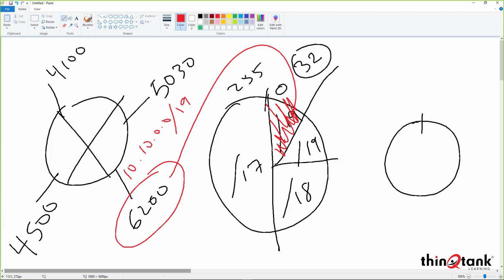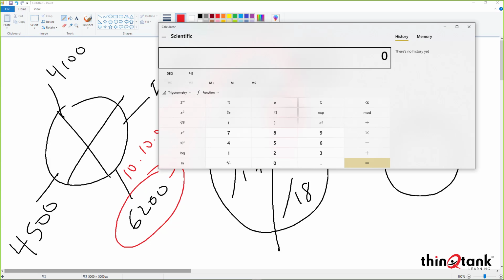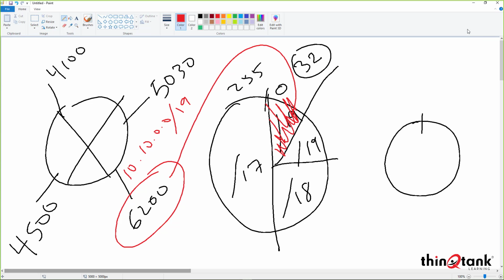All right? What about 5030? 5030 divided by 256 is 19. So again, we're going to have another block of 32, aren't we? All right? Because we can only do blocks of 1, 2, 4, 8, 16, 32, 64. So this block of 32 would then get allocated to this network.